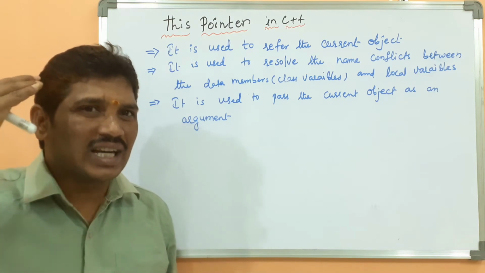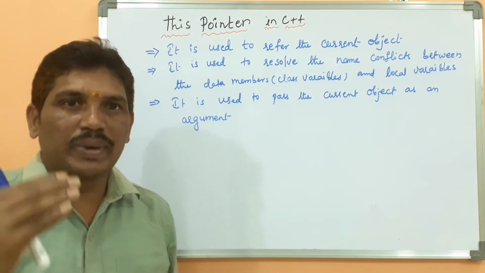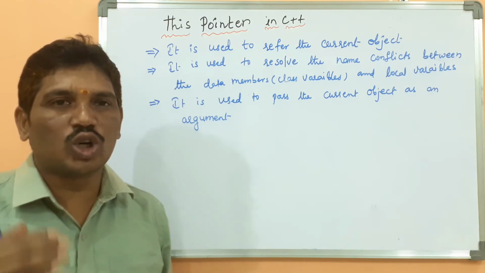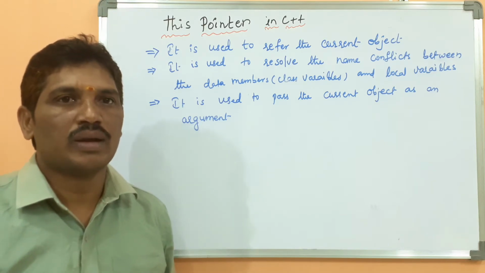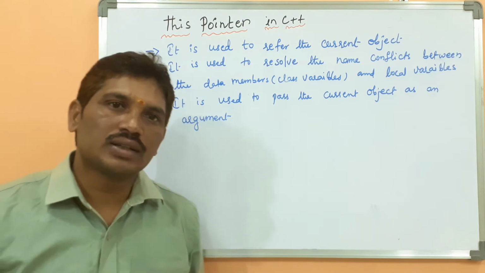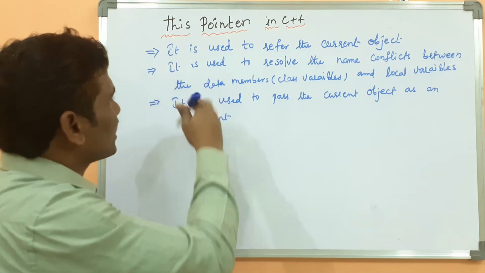If you create a number of objects for a particular class, how do you identify the current object of the class? It is possible by using the this pointer. Now see the second statement.